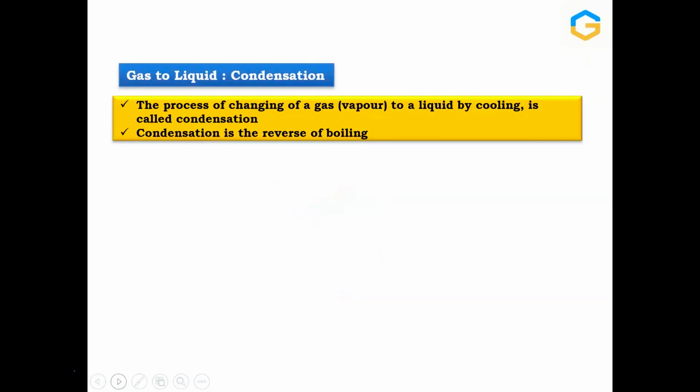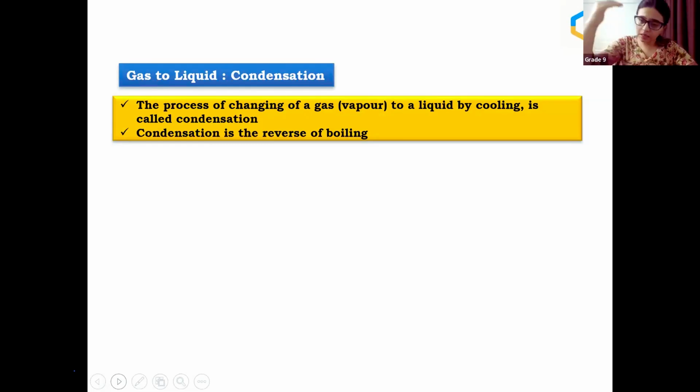So if we increase the temperature and boil the liquid, then to convert it back we have to condense it. In terms of pressure or the cooling effect, does the pressure increase or decrease when we are reversing the boiling?